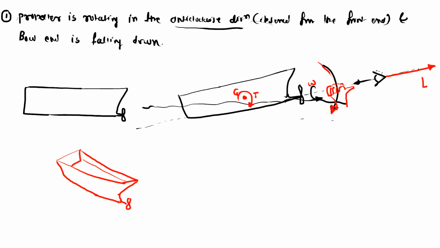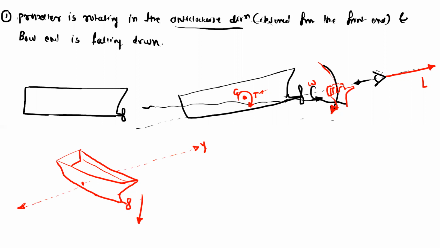We have to decide the angular momentum for this torque. So when the ship is falling in the downward direction, that is the front end, the front end is moving in the downward direction. Suppose this is the center of gravity, and this is one horizontal axis which is passing through that center of gravity. So this is the y-axis.